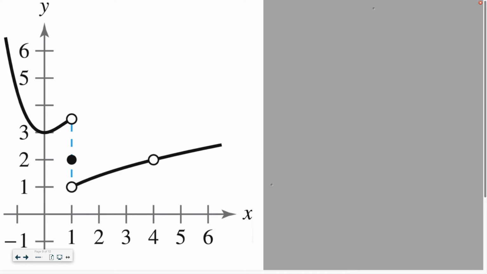So take about a minute and draw this graph to the best of your ability. If you get those 3 holes down and the solid dot, and then just connect everything else, you should be okay.